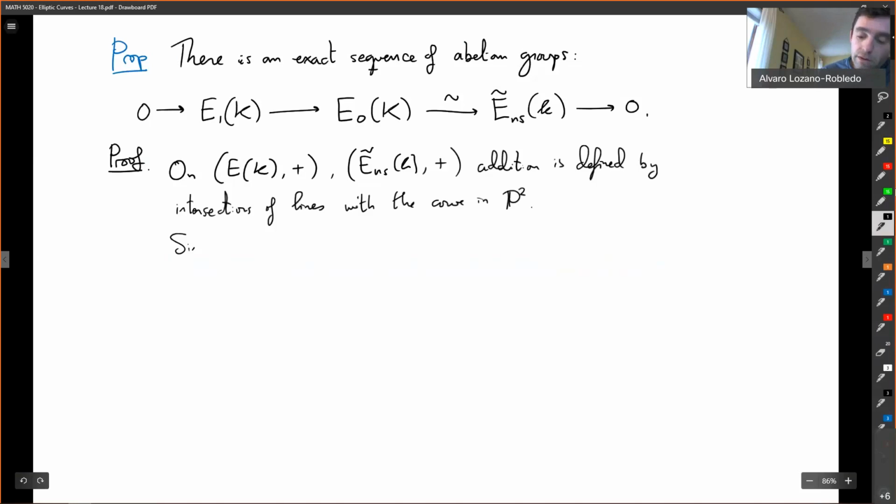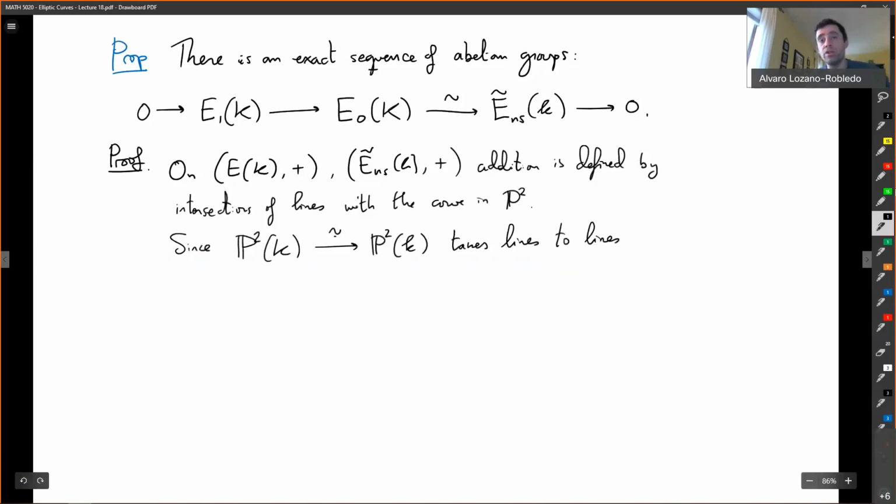Since the reduction map, which you can extend to a map from P2 to P2, takes lines to lines, it just simply reduces the coefficients of the line and sends it to another line.